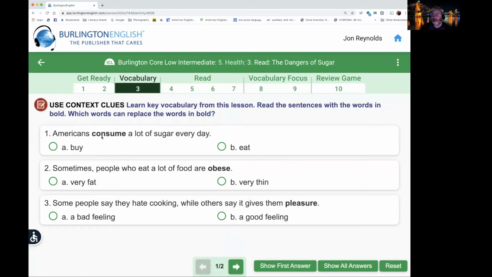Consume. Number 2, obese. Number 3, pleasure.